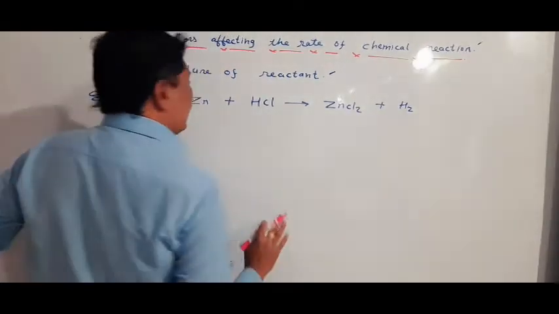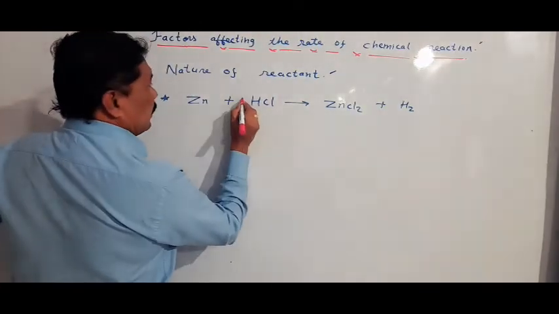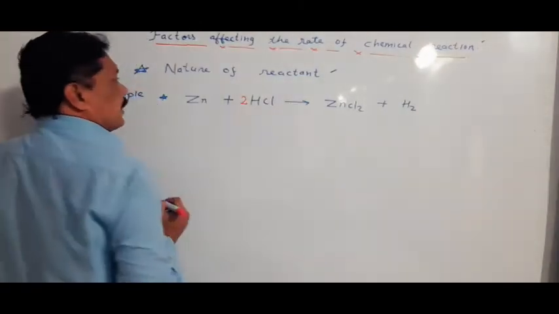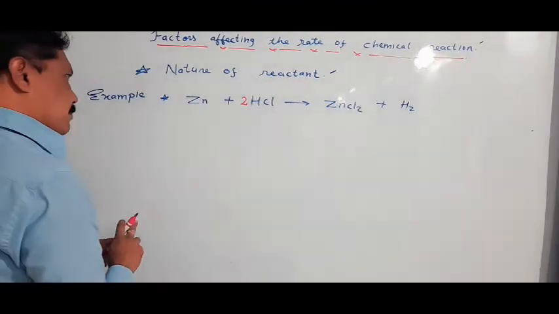Now we will balance the reaction. Zn is balanced. Cl2 and H2, so we will add here 2 in front of HCl, and now the reaction is balanced.